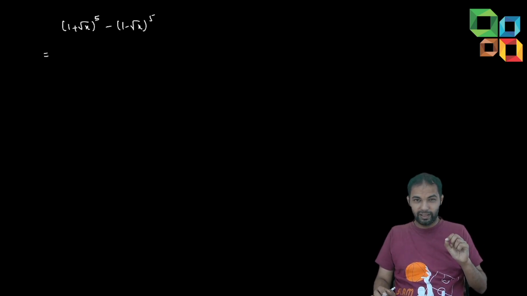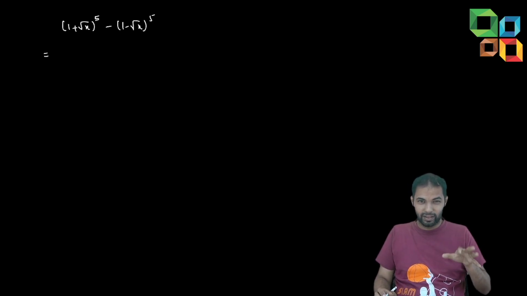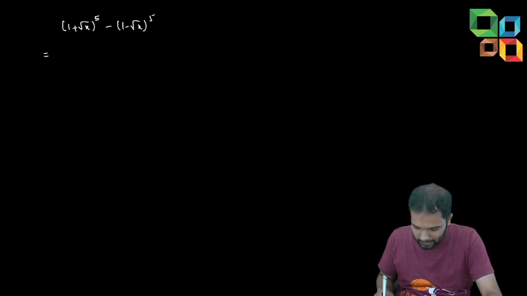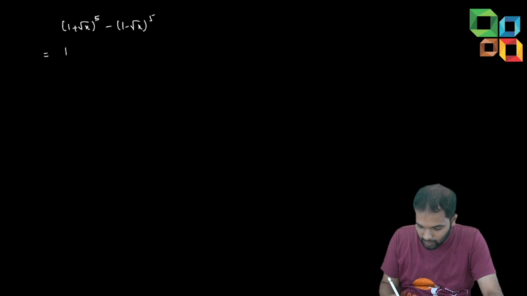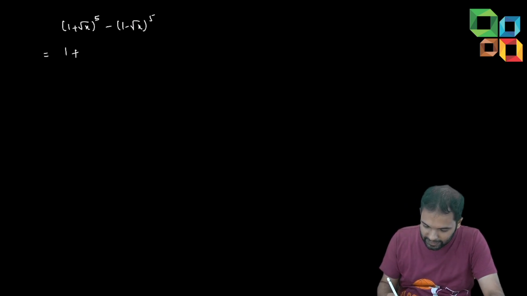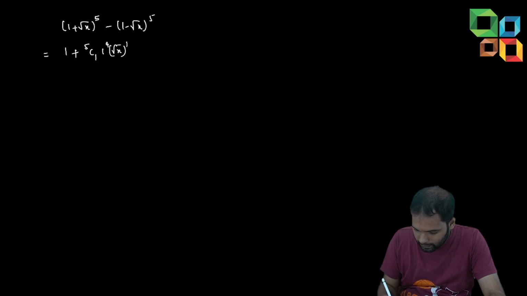See, one of the terms, whenever it is 1, it's very easy, because one of the terms is 1: 1 power 5, 1 power 4, 1 power 3, and so on. The first term, 1 power n. Okay, next term, 5c1. I'll write down a couple of terms so that there is no confusion. 1 power 4 into root x whole power 1.